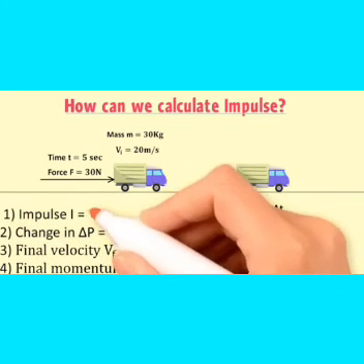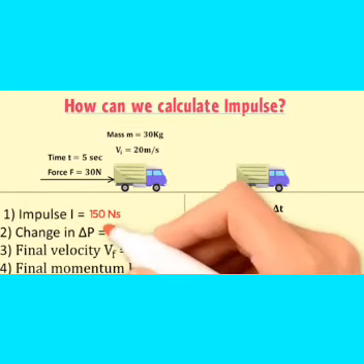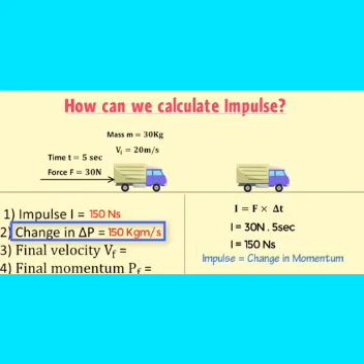The impulse on the object is 150 Newton second, while the change in momentum of the body is also 150 kg meter per second. Hence, impulse I is equal to 150 Newton second and the change in momentum is also equal to 150 kg meter per second.